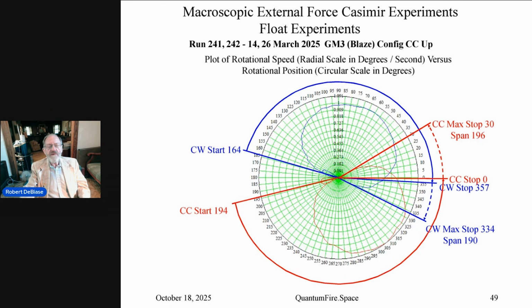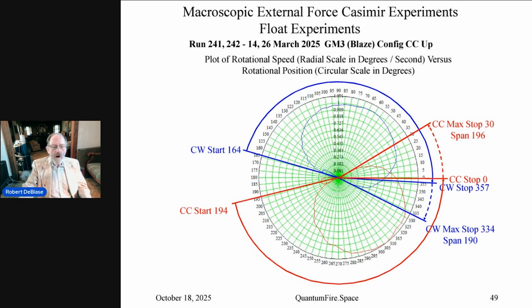So essentially, you can't see my cursor, too bad. Oh, wait a second, no. Blue is clockwise, so it starts going to the left and goes around and ends on the right, and then continues and does a loop-de-loop and comes back to zero eventually and stops.